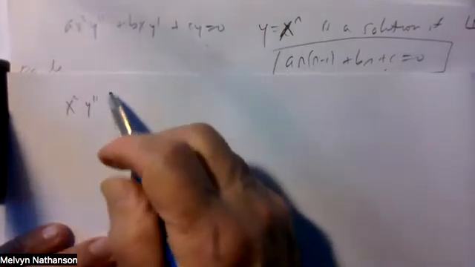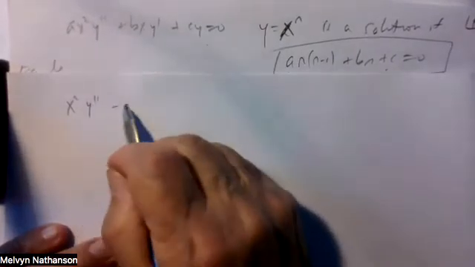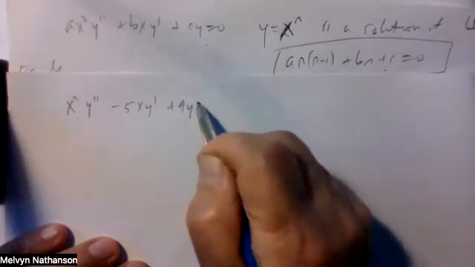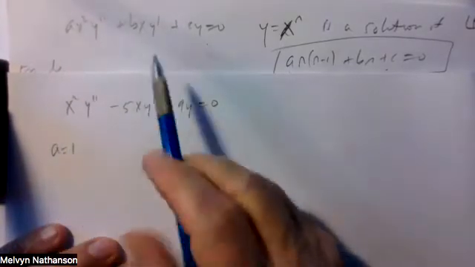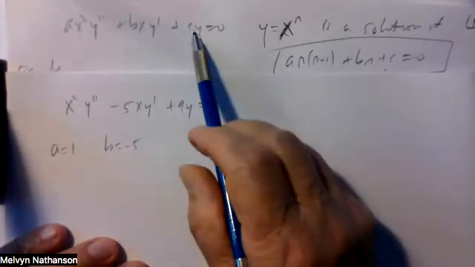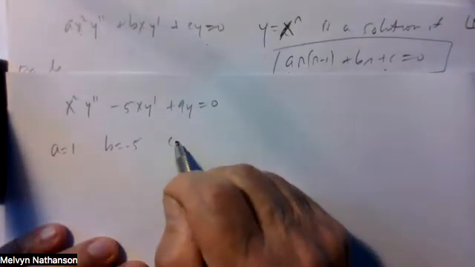Suppose we have this case, x squared y double prime minus 5x y prime plus 9y equals 0. So the coefficient of x squared is a equal 1. The coefficient of x is minus 5. The coefficient of y is c equal to 9.